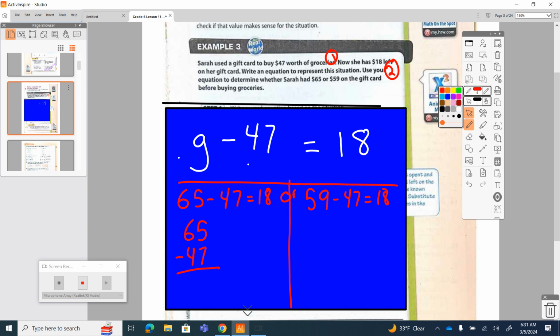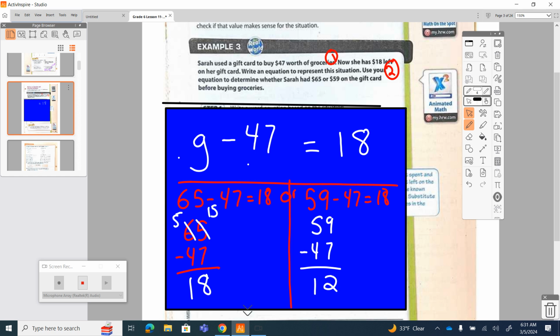So this 5 becomes a 15, and this 6 becomes a 5. 15 minus 7 is 8. Ooh, it looks like it's this one. Right away, 9 minus 7 is 2. So that one's not correct. She started with $65.